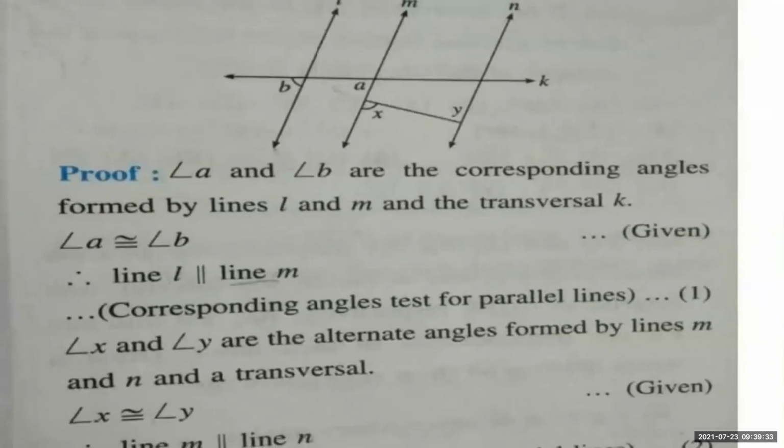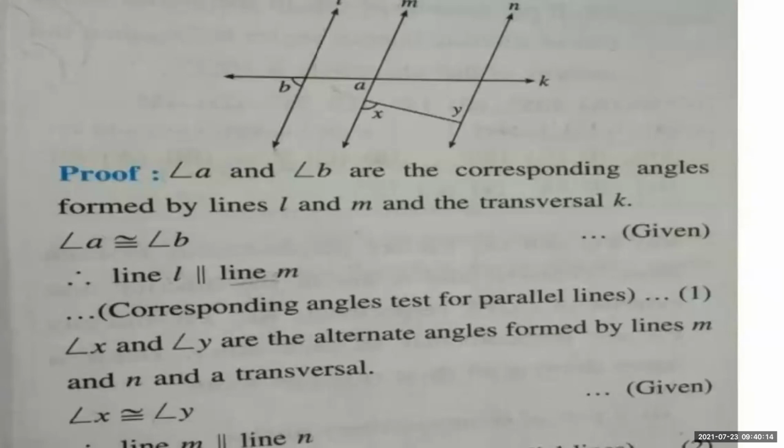See the proof: angle A and angle B are corresponding angles formed by line L and line M and transversal K. And it is given that angle A is congruent to angle B. So we can say that line L is parallel to line M. And the reason is the corresponding angle test for parallel lines. That is equation 1.